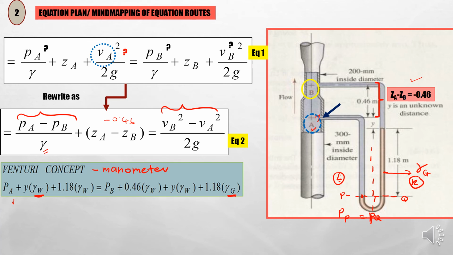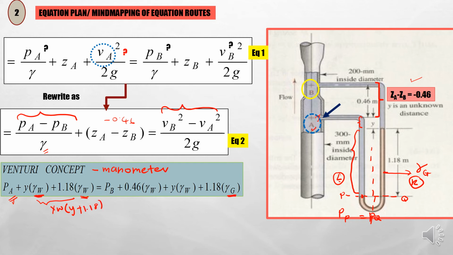On the left side, it is contributed by PA plus the length y times γW, plus 1.18, which is the distance that we consider, times γW because it is still water. Otherwise you can rewrite this equation as γW times (y plus 1.18), which is similar.